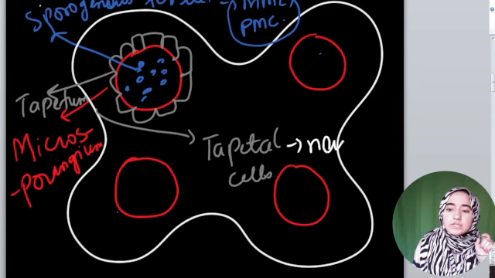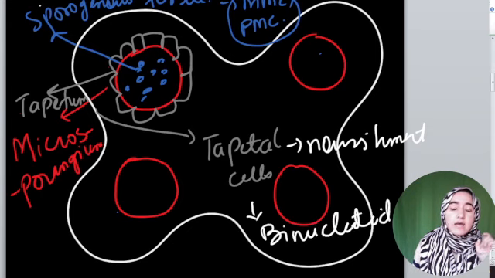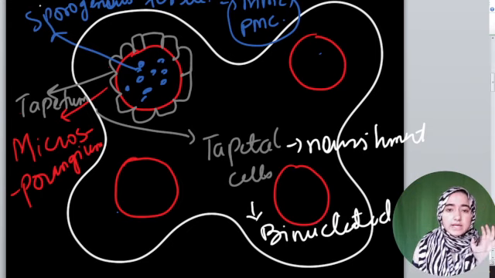They provide nourishment to growing microspore mother cells or pollen grains. That's why these tapetal cells are binucleated. They have two nuclei and dense cytoplasm, because they have to provide nourishment.